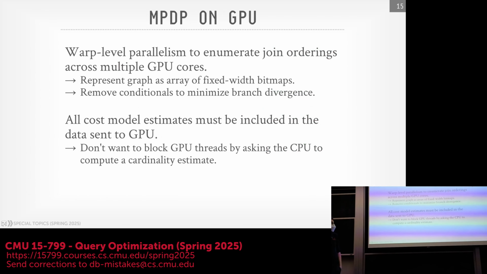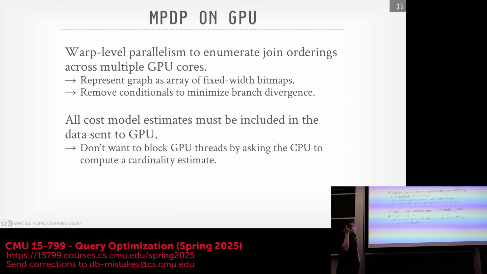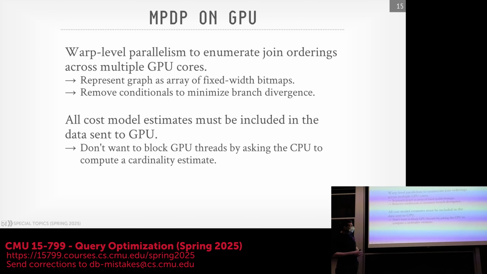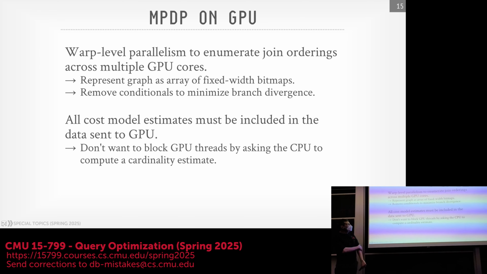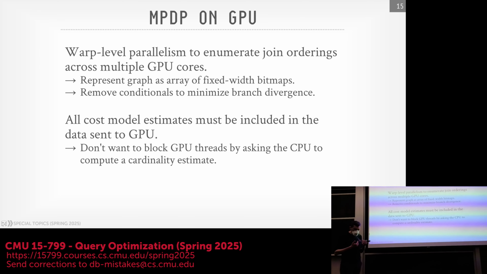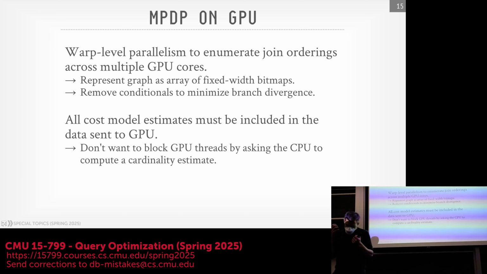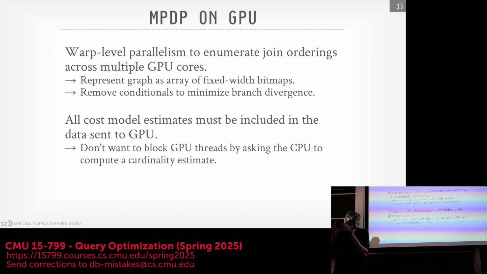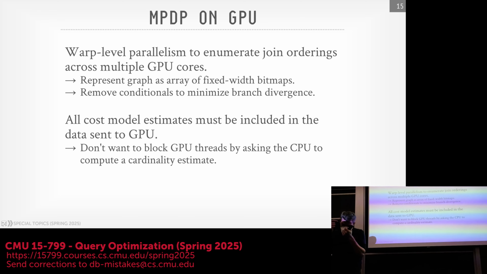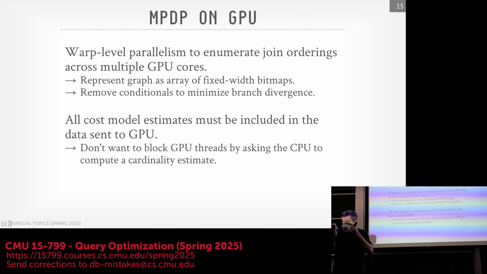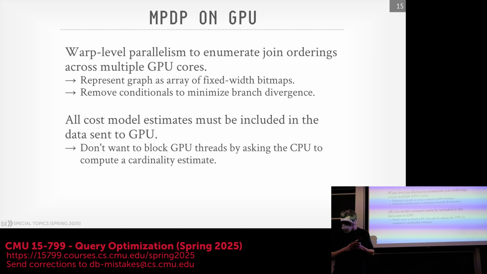Okay, so I'm not a GPU expert, and what they're saying seems reasonable. The basic idea is that they claim you can get rid of those if clauses where you're checking whether the graph is connected when you start building up the subgraphs.